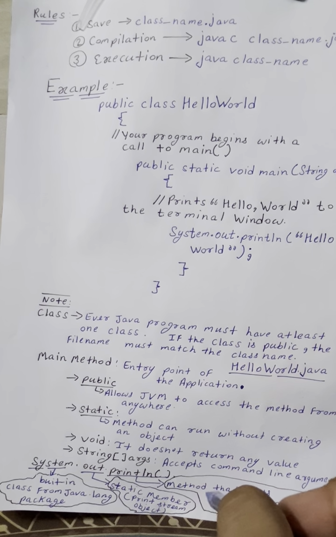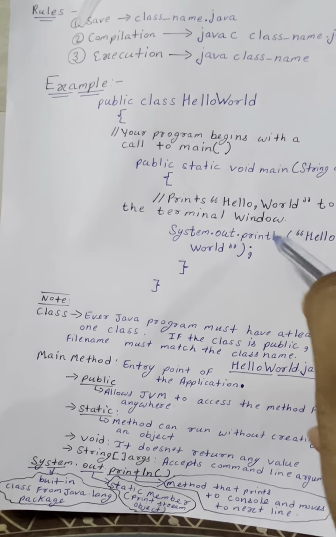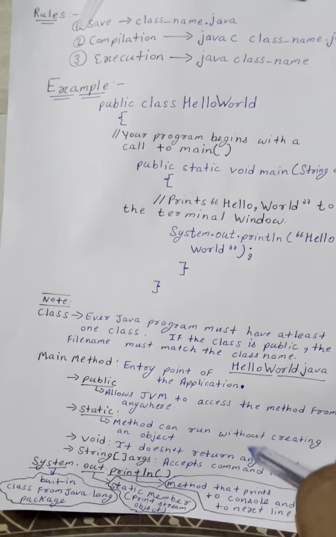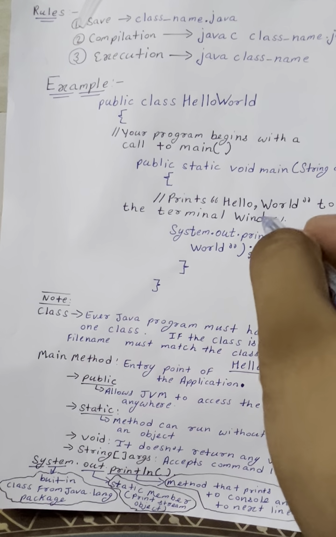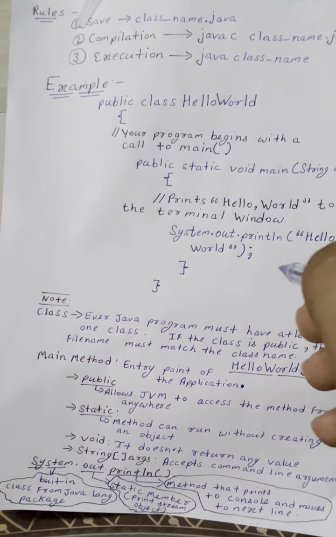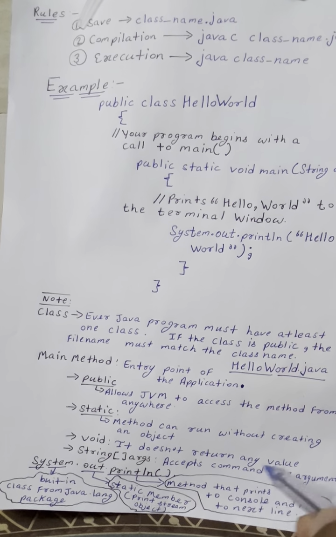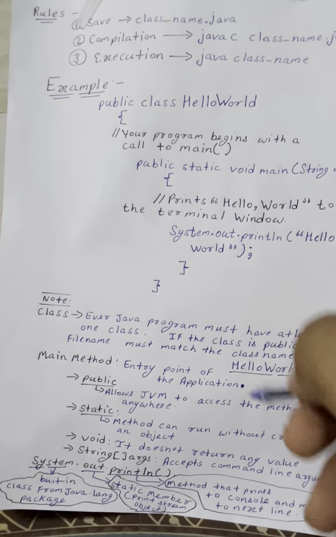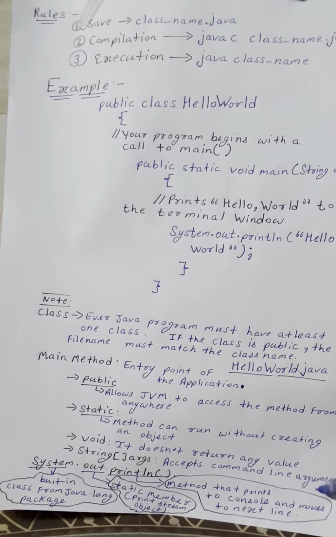This method helps us to print anything that we write in these brackets. And remember that if we don't write this semicolon, we get an error. So always be cautious while writing code, because some silly mistakes can give you some silly errors.